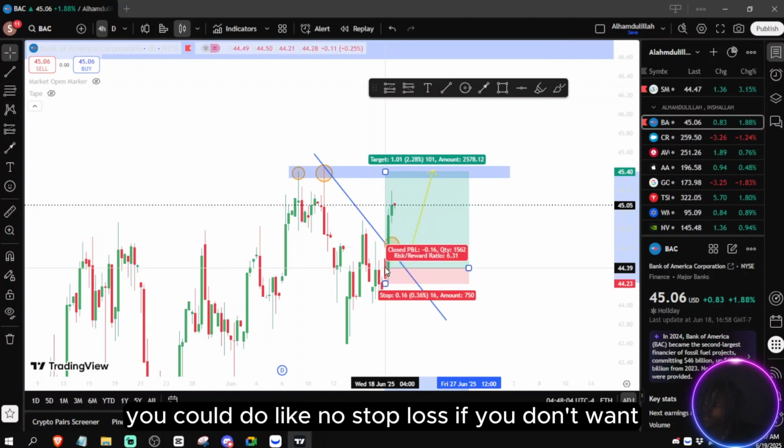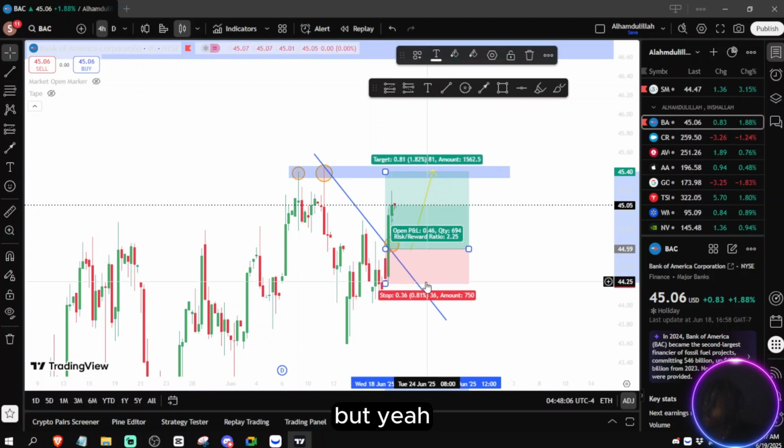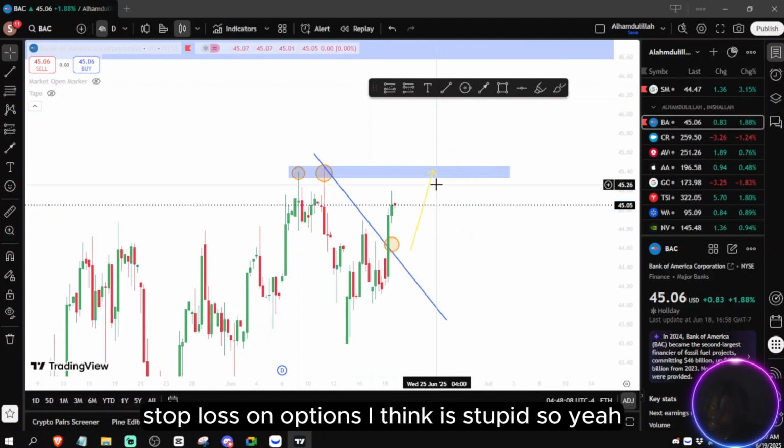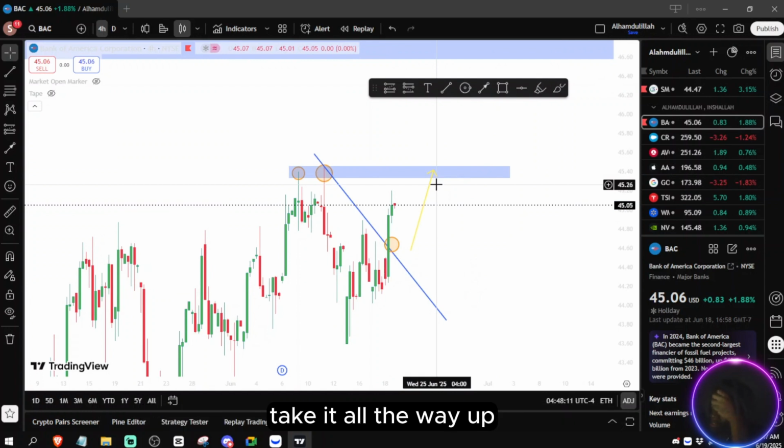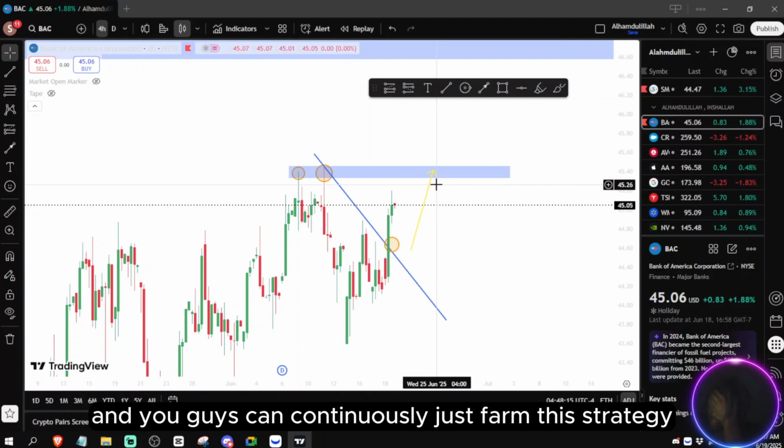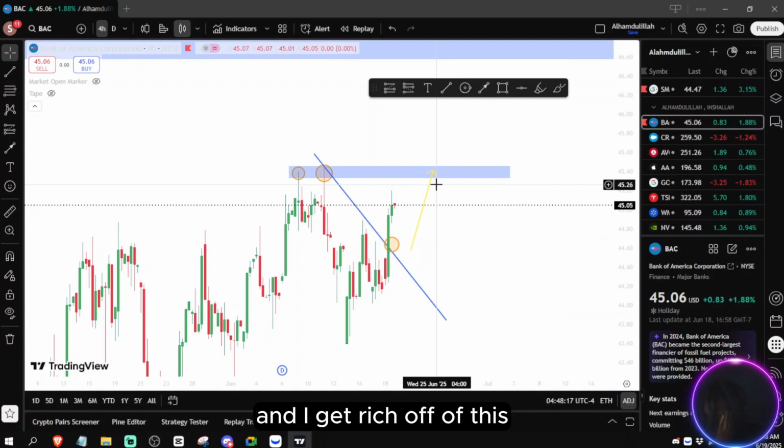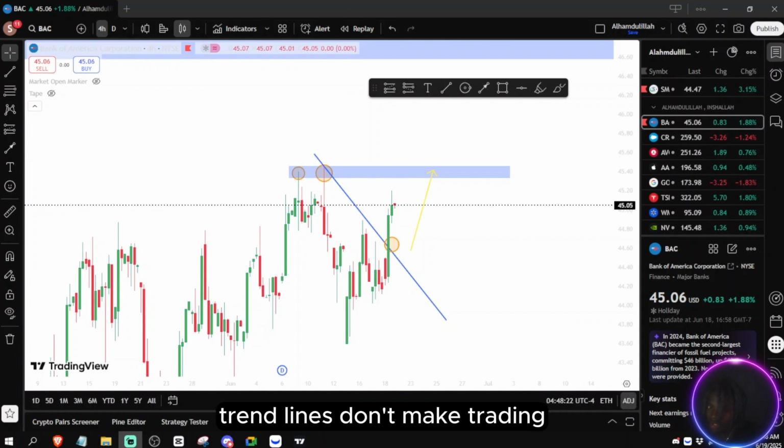And realistically, you could do no stop loss if you don't want. Stop loss on options, I think, is stupid. So take it all the way up. Price will most likely fill that gap. And you guys can continuously just farm this strategy. This is really the easiest way to farm and trade trend lines.